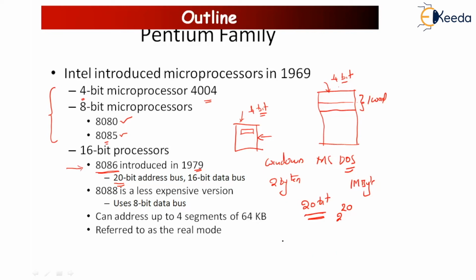So the first address will be 20 zeros, and the final address will be 20 ones. 20 ones will be equal to 2 power 20, which is equal to 1 MB. That is, the 8086 can support a total of 1 megabyte main memory. It will be able to address 1 megabyte of main memory. How the main memory is addressed in the 8086, you can watch my previous videos on the 8086.